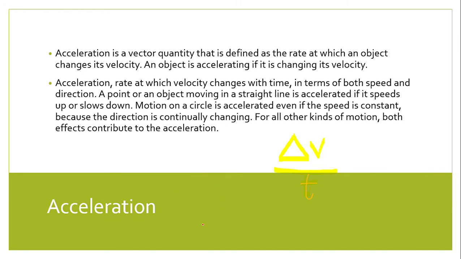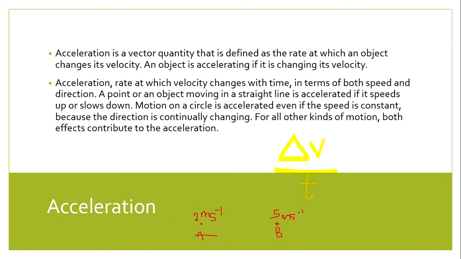If an object is over here and then over here, like this is its starting point, A, and this is B. And let's just say its velocity at A is 2 meters per second. Meters per second is an index that shows per second, and let's just say over here it becomes 5 meters per second, right?